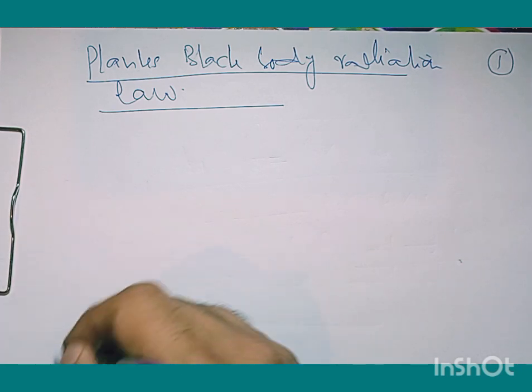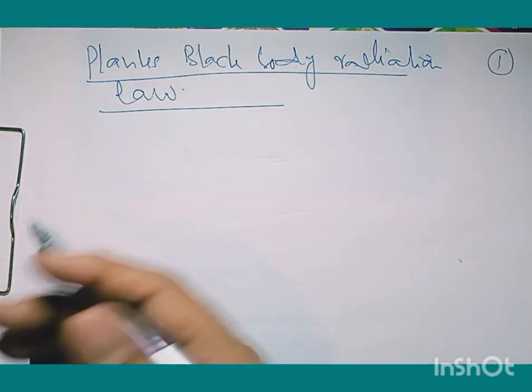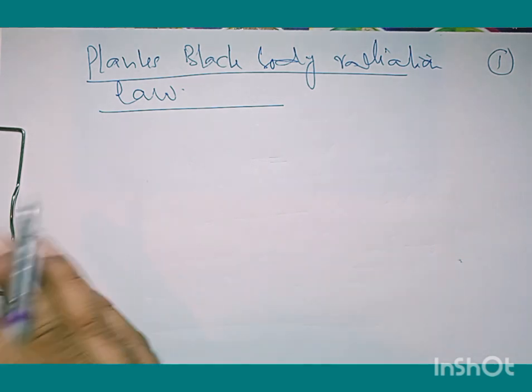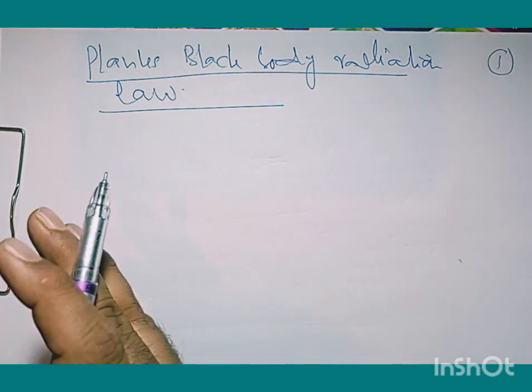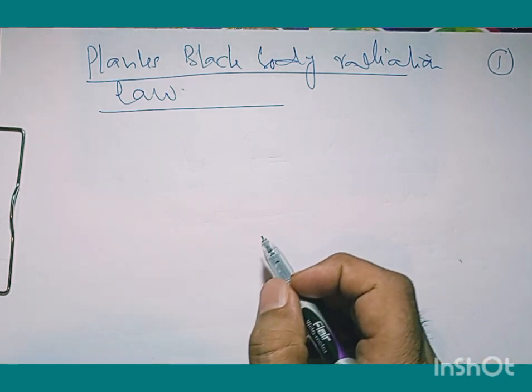So any body which is capable of absorbing all wavelengths or all frequencies, and the reverse. We cannot have a body which can absorb 100% of radiations, so we assume a body which is close to a black body.